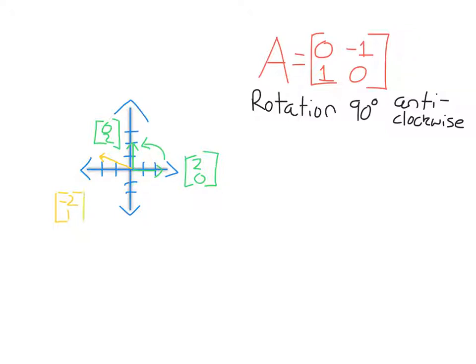If I apply A to this, it actually gets mapped to the vector minus 1, minus 2. So that's this vector over here. So what's happening is this matrix takes any vector in the plane and rotates it 90 degrees anti-clockwise. So every vector will get rotated, except of course the 0 vector.